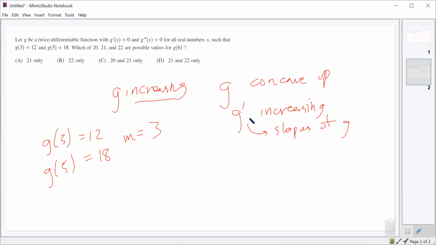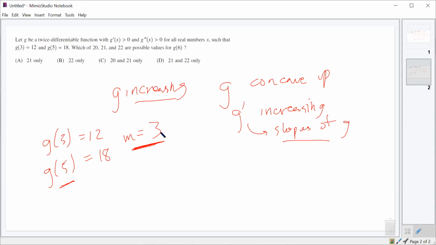And so that means that at any point after x equals 5, the slope has to average out to be more than 3. Right? It can't be equal to 3 because it says that g double prime is always positive. Those slopes are always getting larger, so they must be bigger than 3.